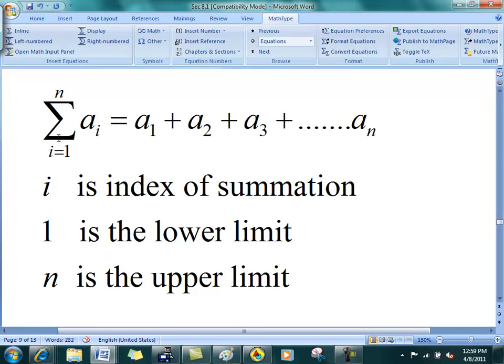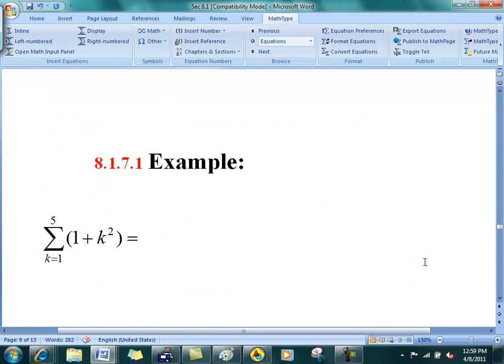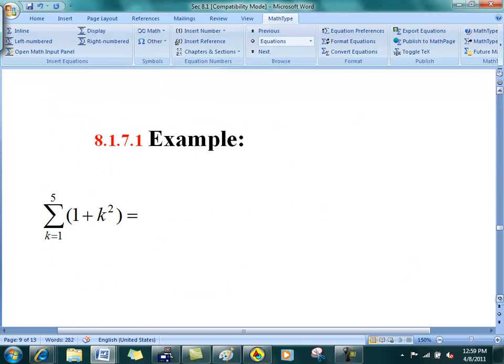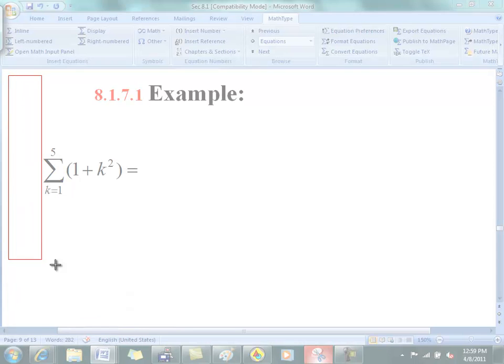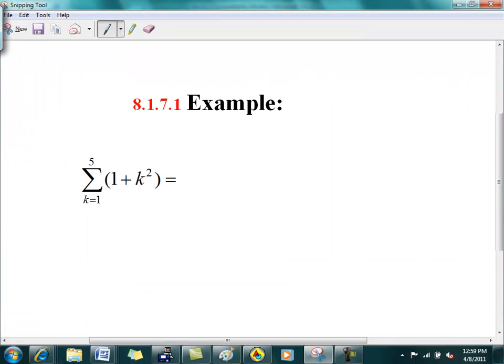You've got to know that. Again, you're going to see a lot of this in calculus. So let me explain what this means in this context. We now have an example where we can actually talk about numbers and what it really means. It's just a variable.